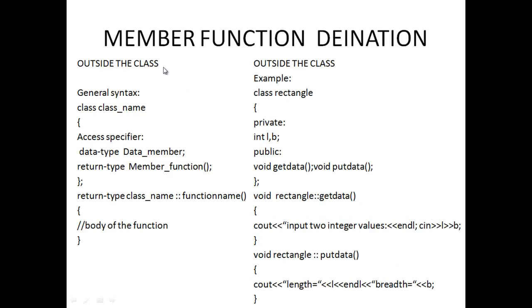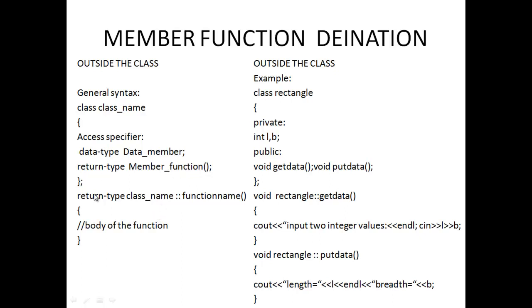Next is outside the class. So here you see the general syntax: inside the class we only declare the member functions. So how is the body written? The body is written outside the class.